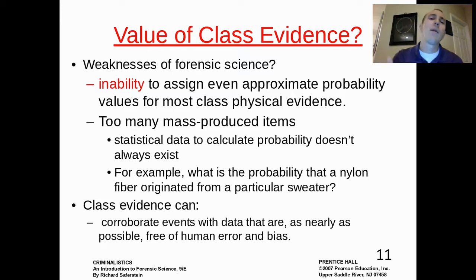But if we combine that with other pieces of evidence, that allows us to increase the likelihood of their connection to that particular crime scene. So class evidence definitely has value, and the more pieces of class evidence that we can combine together, the more powerful it can be. Okay.